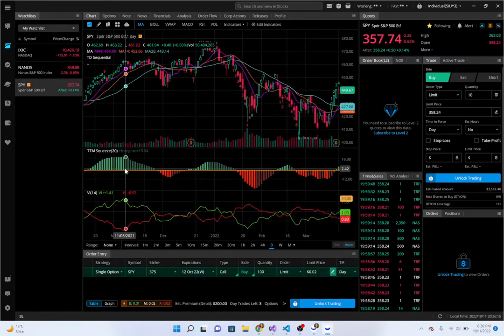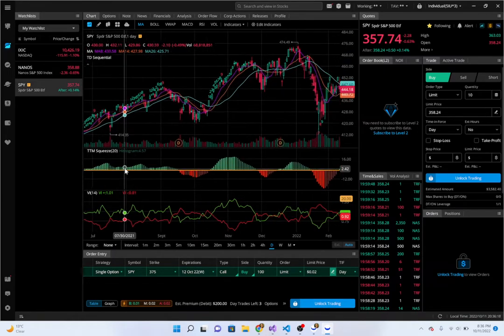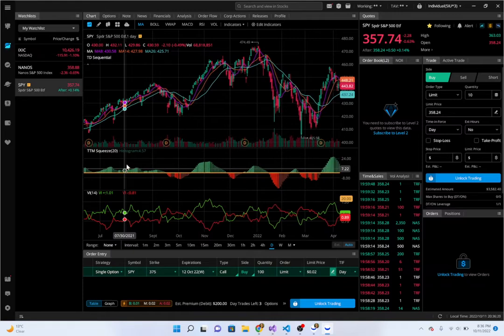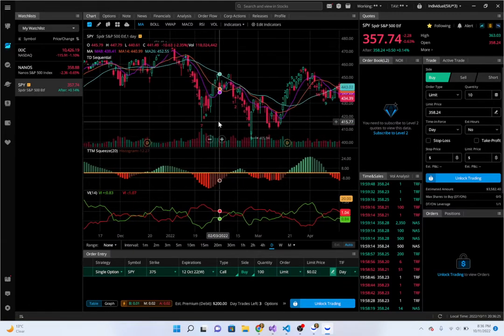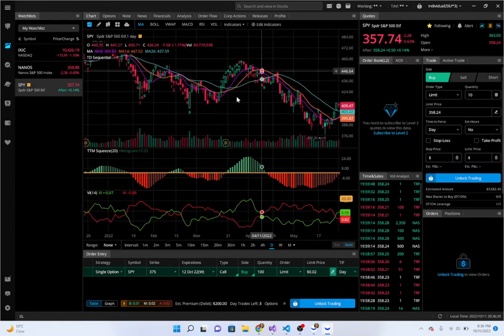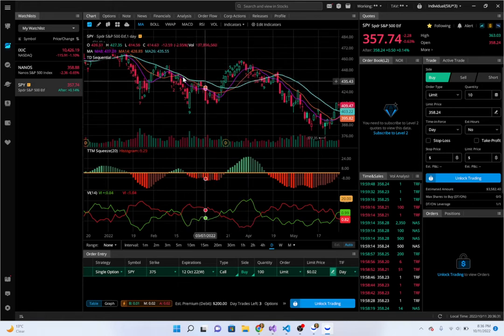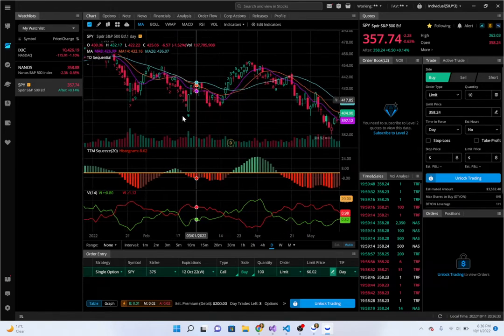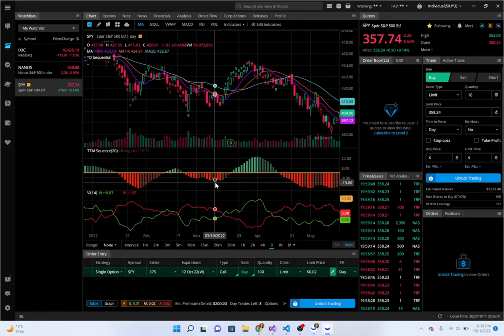Let's take an example of this spot here. See how when you're on a bearish trend, there's bright red and then dark red.